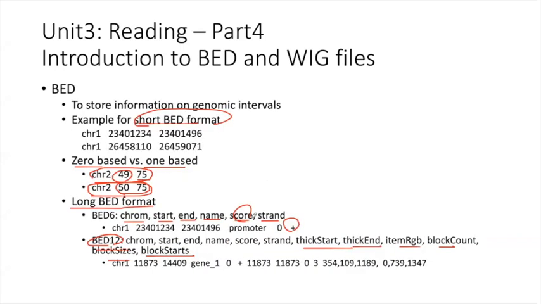Any question? Yeah, I think this might be somewhat complicated in the beginning. You don't have to memorize everything, but I want you to at least understand that the bed format is used for showing the interval in the genome browser, with chromosome, start position and ending position.